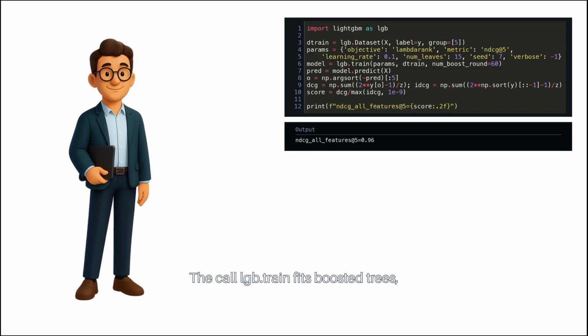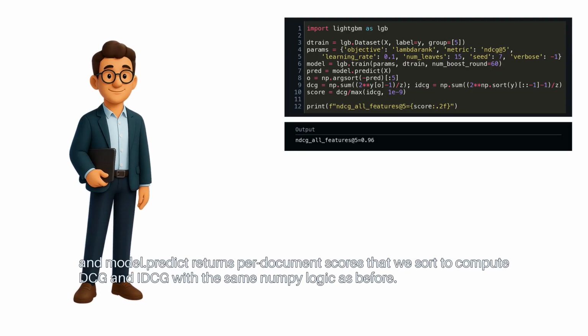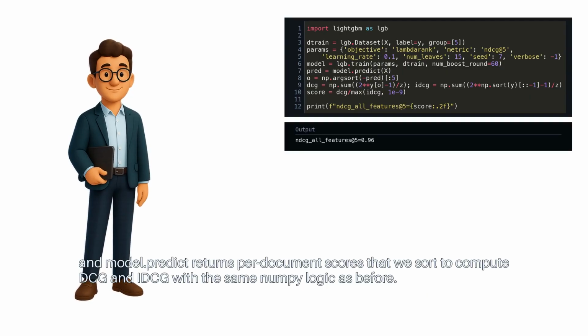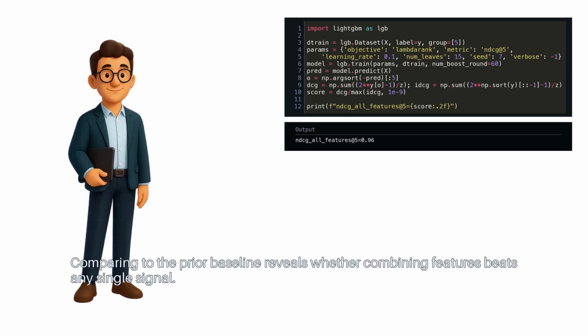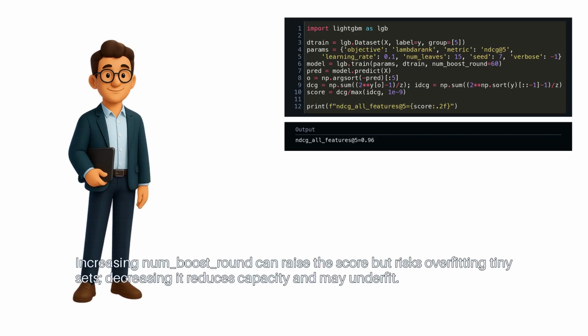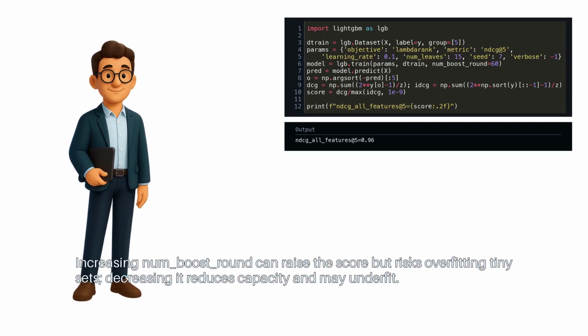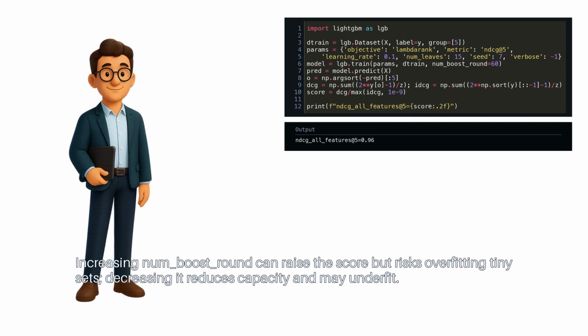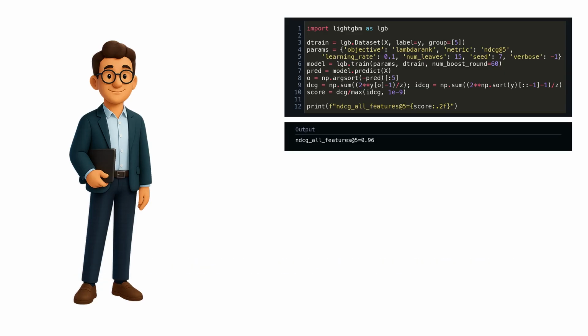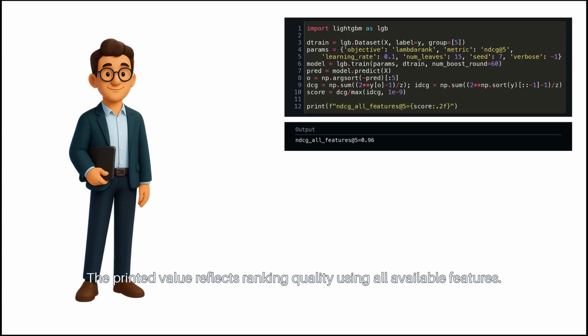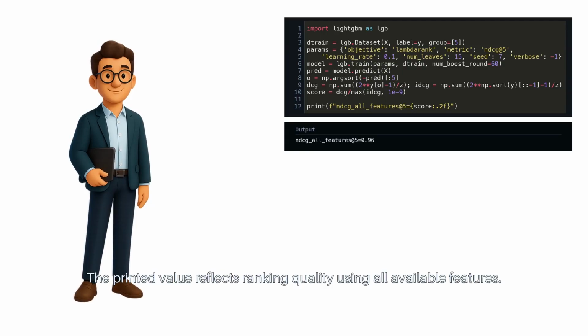The call lgb.train fits boosted trees, and model.predict returns per-document scores that we sort to compute DCG and IDCG with the same NumPy logic as before. Comparing to the prior baseline reveals whether combining features beats any single signal. Increasing num_boost_round can raise the score but risks overfitting tiny sets. Decreasing it reduces capacity and may underfit. The printed value reflects ranking quality using all available features.